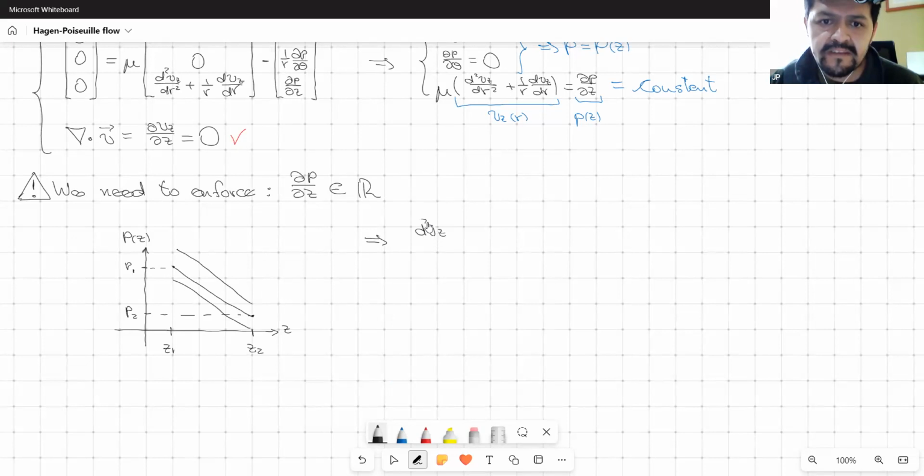So we'll say that this is the second derivative with respect to r of the axial velocity term, plus 1 over r, the first derivative, equal to 1 over mu, the partial derivative of p with respect to z. Knowing now that the right-hand side is a number, which is known because in theory, we always know the viscosity of the material and the pressure gradient, all right?